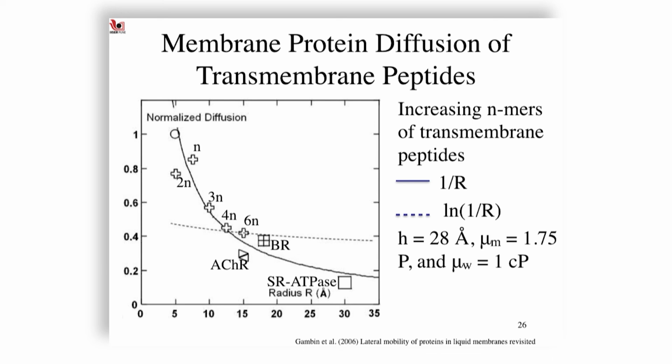If you assume everything else is constant, kBT is constant, 6 pi eta is constant, assuming the viscosity is constant, then the dependence of the diffusion coefficient should be about 1 by R. In this data, what you observe is that proteins of increasing sizes, N-mers of transmembrane peptides, appeared in this experimental data by Gambin et al. to indeed show a 1 by R dependence in lateral mobility. That was great. That suggested that basically the Stokes-Einstein relation works for diffusion coefficients.